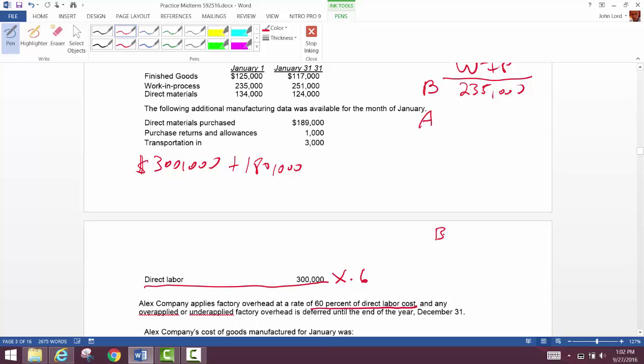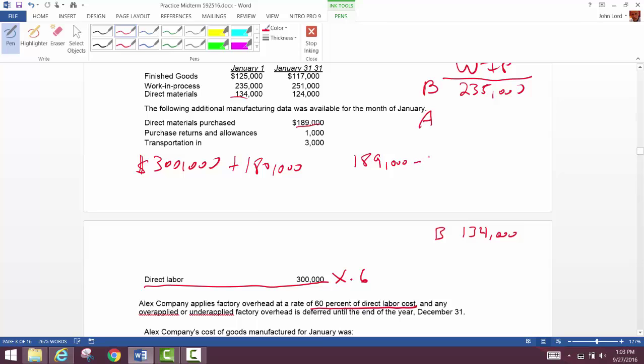My beginning balance in direct materials is how much? 134,000. And then I want to figure out the adds to direct materials, which is the amount purchased. But this is where accounting 101 meets 100. If I return some, I have to take that off of the 189, don't I?